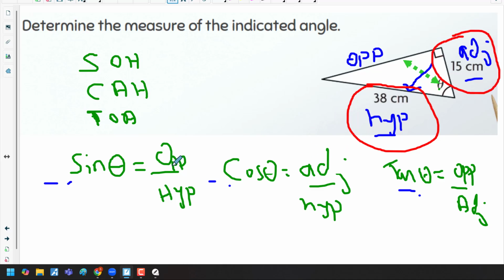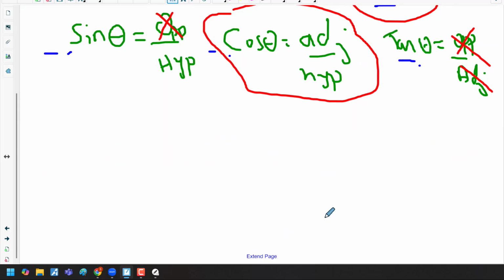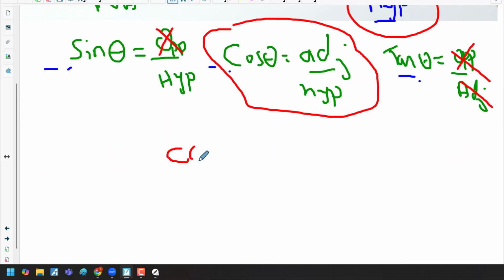So which formula has that? Sin has hypotenuse, but it has the opposite side. Tan has opposite, but it has the adjacent, but it has the opposite side, so we don't need that. But cos, however, has both of the things that we're looking for. So the correct answer in this case is going to be cos.